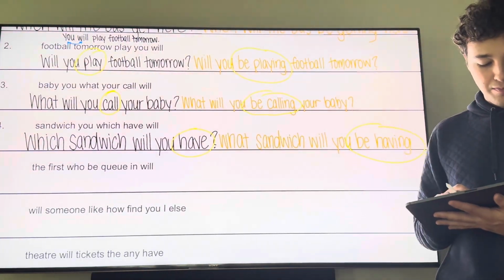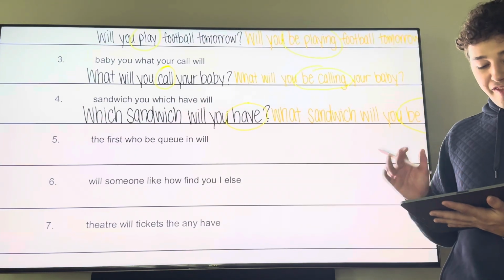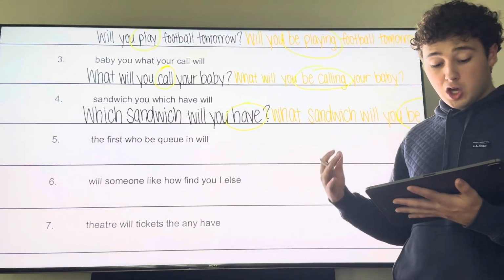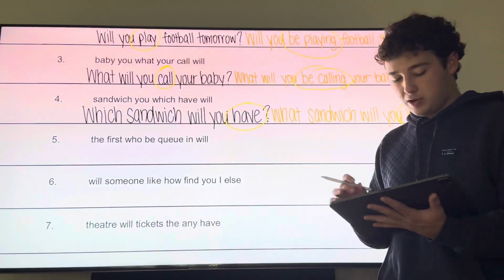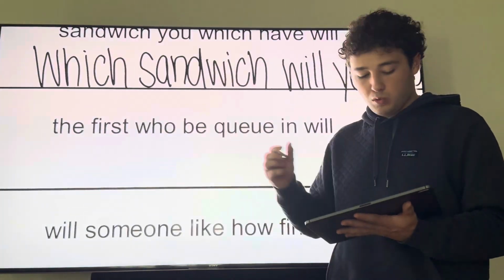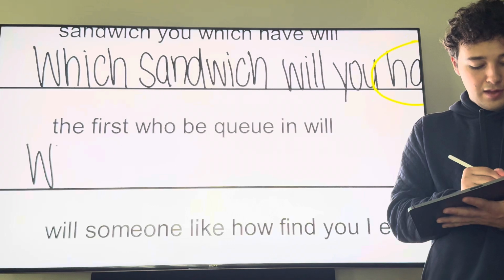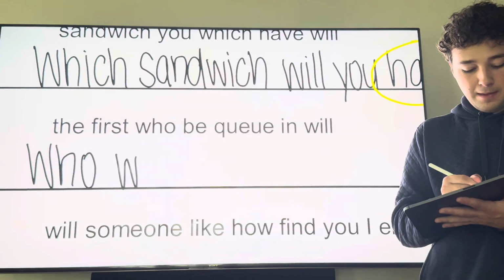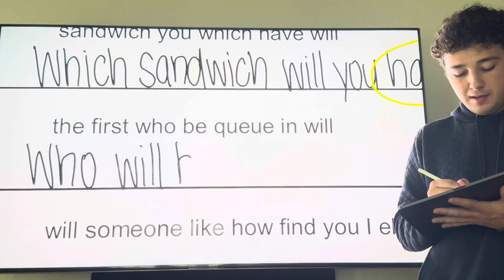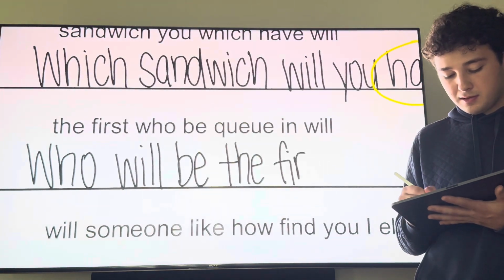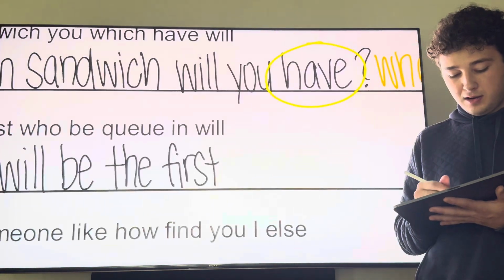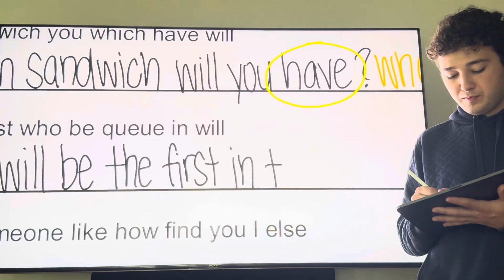Okay, let's continue. The first, who, be, in, queue, will. So, the question word we see here is who. Who will be the first in the queue?